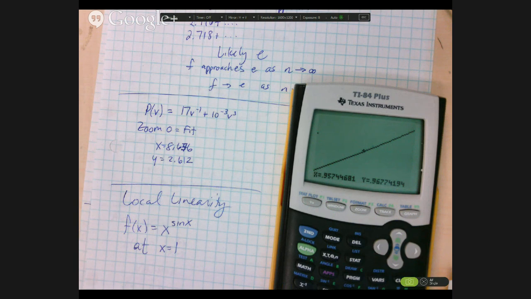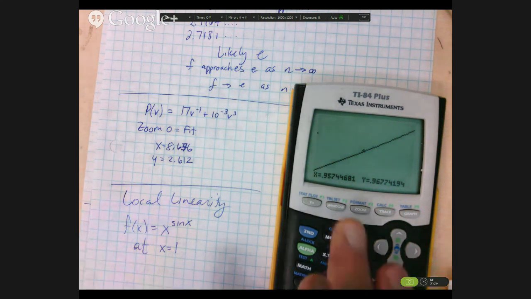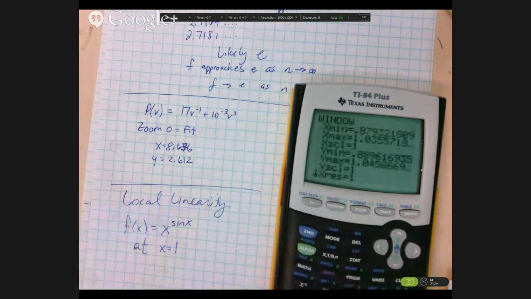Alright, so, could I figure out the approximate slope of that curve? You can look at your window, do a slope calculation if you want to. It's another way to check. So it's called local linearity.